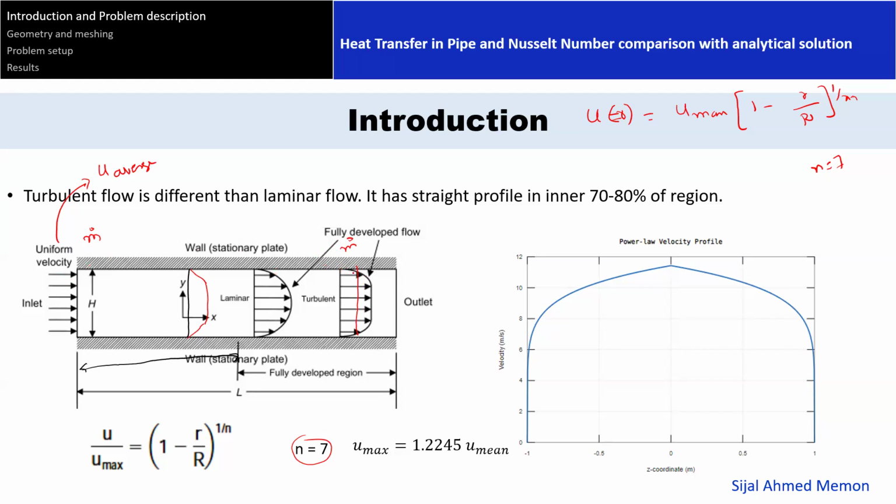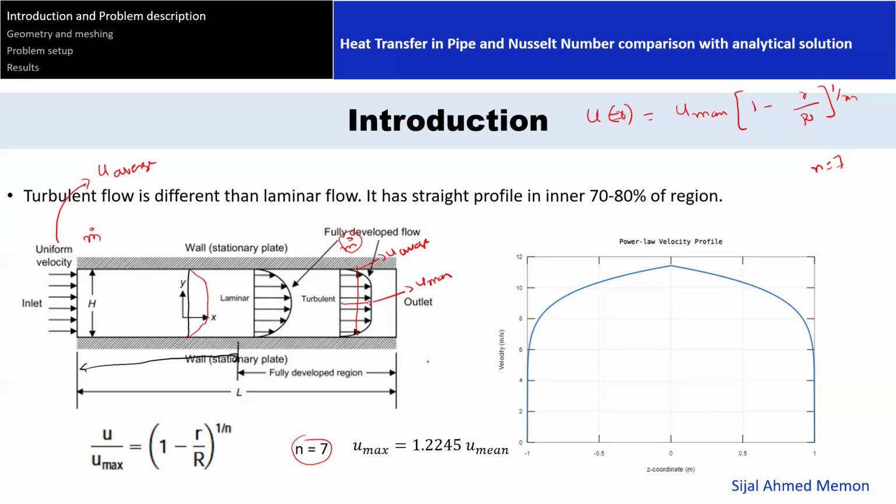Because of the boundary layer, the velocity at the wall will be zero due to the no-slip condition, but in the middle the velocity will increase, so that it can have the same flow rate at different locations, because mass should always be conserved. So from there, we can say that this is our u average or u mean, and this is the u maximum at the center.